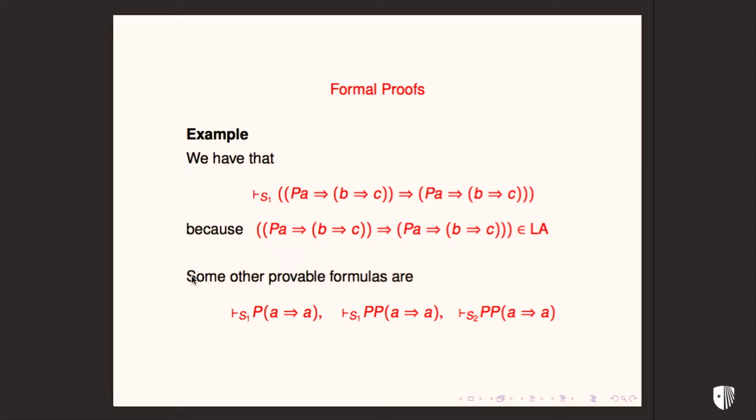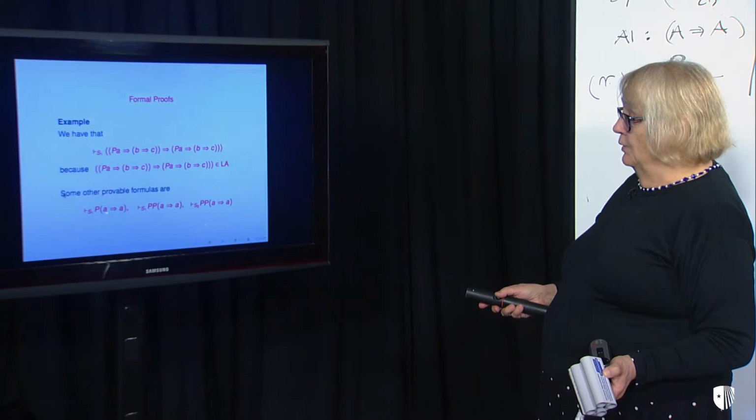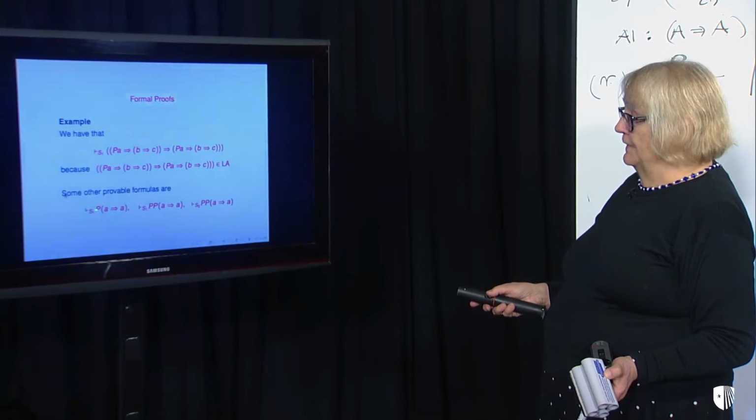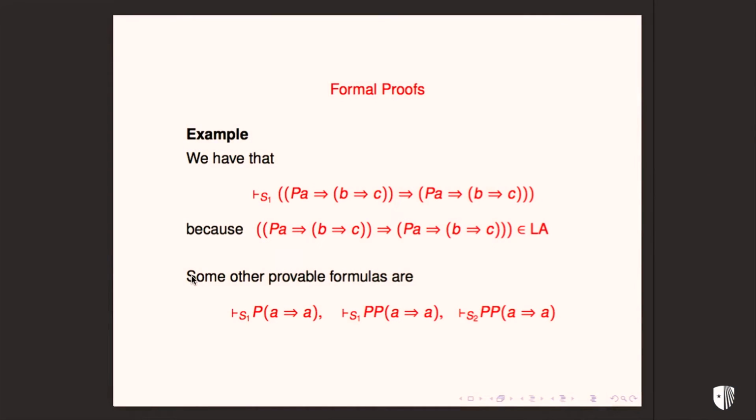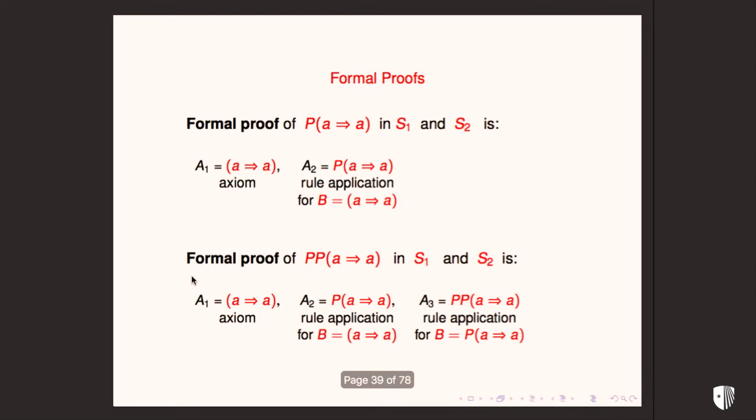If you have this as your axiom, in S1 you can also take as a capital A, in particular, a small a. So all formulas which you can prove in S2, you can prove in S1, because in S1 that is also a logical axiom, and this is not a logical axiom of S2.